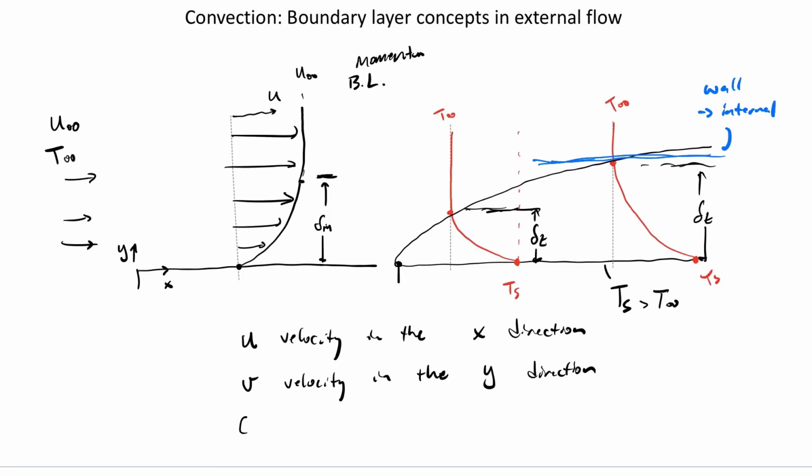So external flow is a flow where the boundary layer is unaffected by another surface. Any questions on this so far?